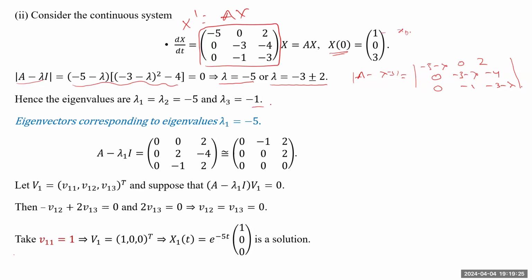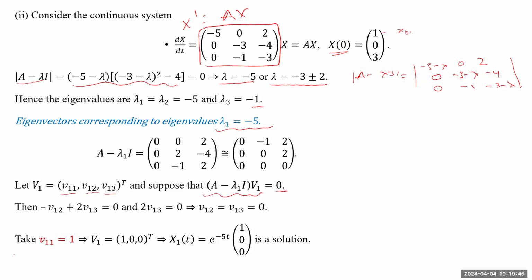So for the corresponding eigenvector, lambda 1 is equal to minus 5, the repeated one. So we take V1 as a vector V11, V12, V13, and suppose that this is equal to 0.